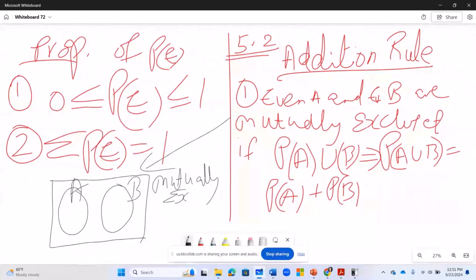So there are a whole lot of things in the real world that are mutually exclusive. If the model of a car is made by Toyota, the same car cannot be made by the other, Ford.